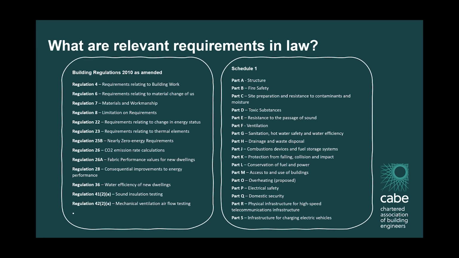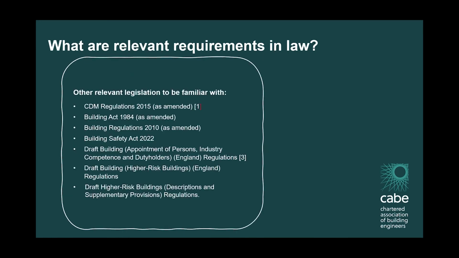So defining what's covered, materials and workmanship limitations, a lot of the energy performance requirements that are not in Schedule 1, water efficiency, sound insulation testing, and mechanical ventilation airflow testing. Regulations 4 to 42, various in there. And then Schedule 1 of the building regulations, Part A to Part S, which hopefully you'll all be familiar with.